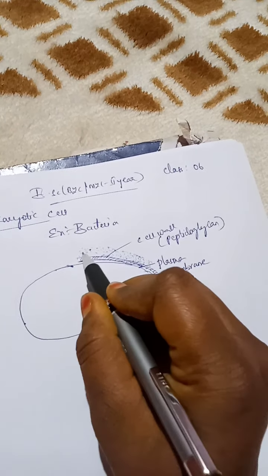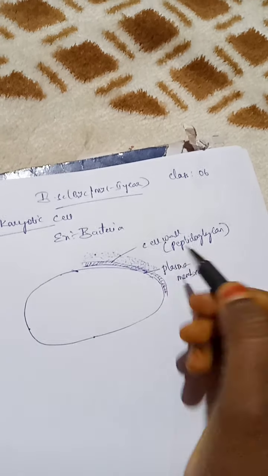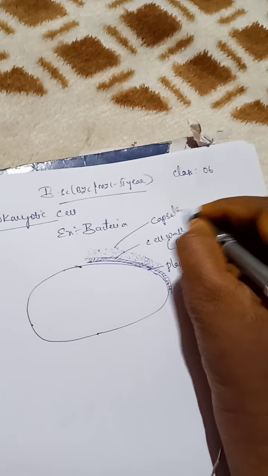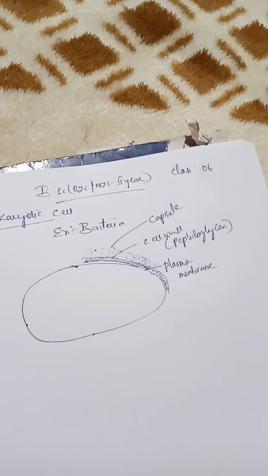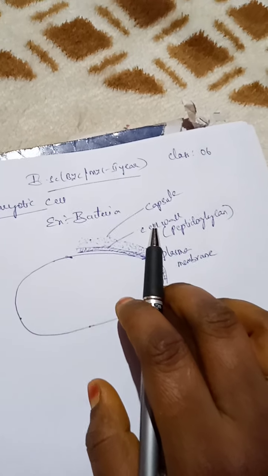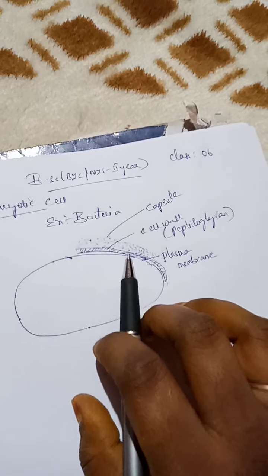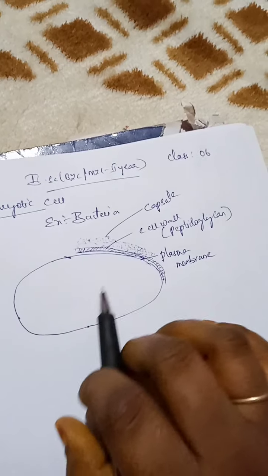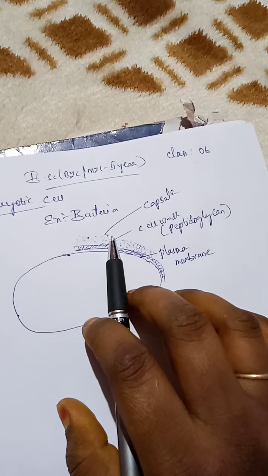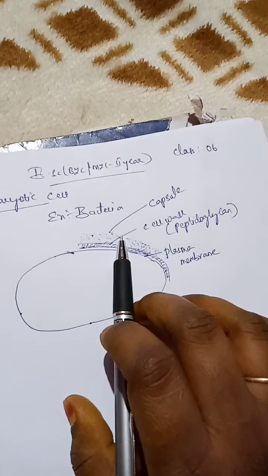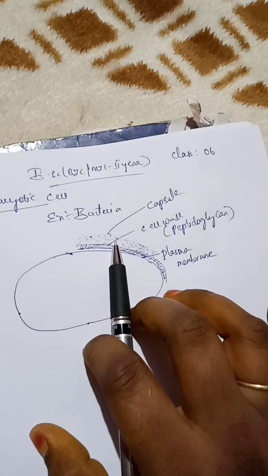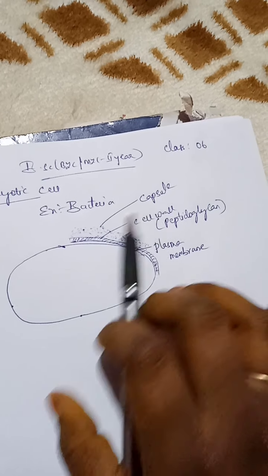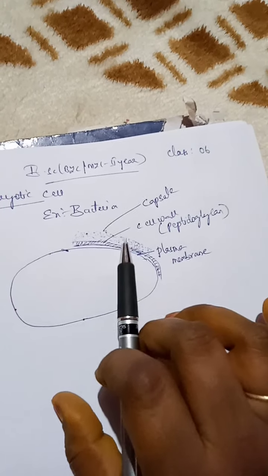This is called the capsule. The capsule helps the bacteria not to dry up, that is, from desiccation. Desiccation means drying up. So the bacterial cell never dries up because it has the outermost layer called the capsule. Some bacteria have this kind of layer.